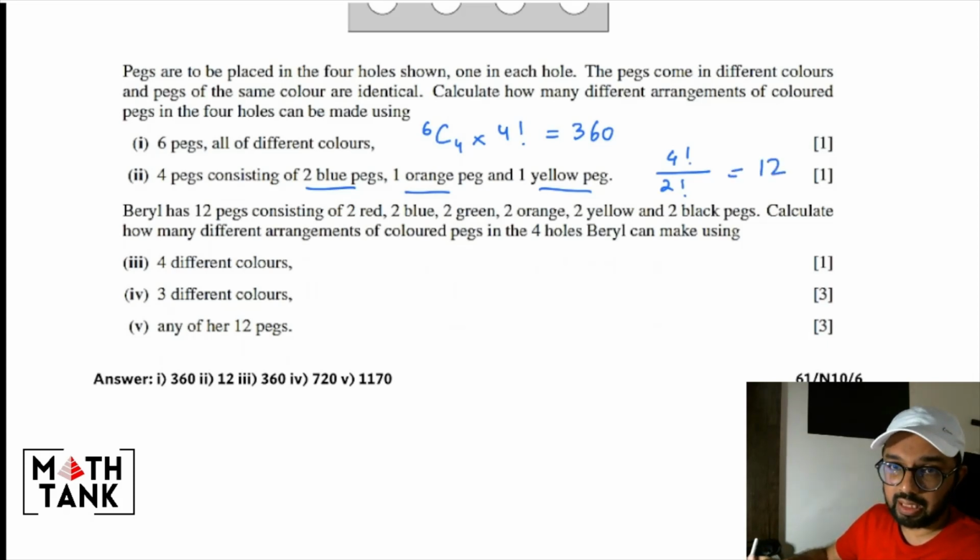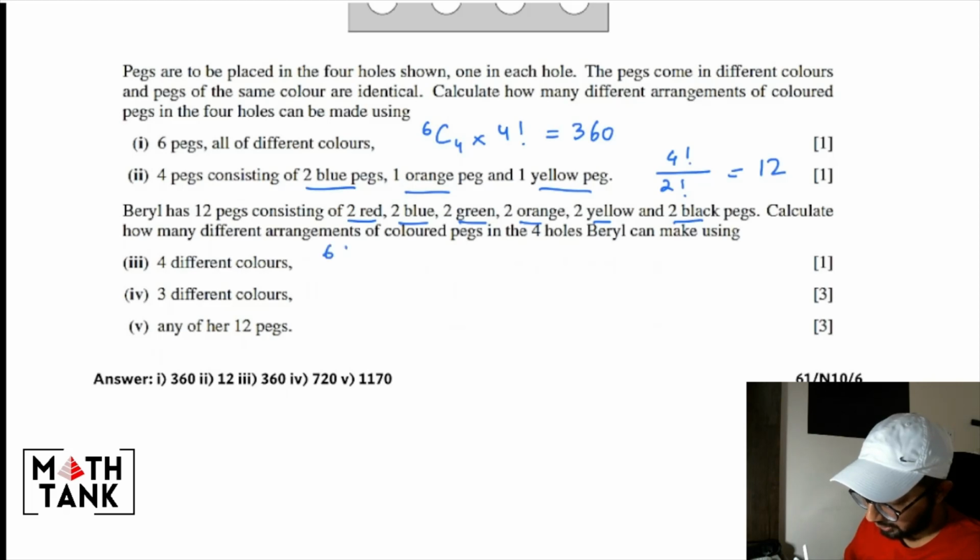Now it says a barrel has 12 pegs consisting of 2 red, 2 blue, 2 green, 2 orange, 2 yellow, and 2 black pegs. Calculate how many different arrangements of colored pegs in the 4 holes can be made using 4 different colors. So let's see how many colors do I have. 1, 2, 3, 4, 5, and 6. So I can say that if I want all 4 different colors, that's the same answer as the one above.